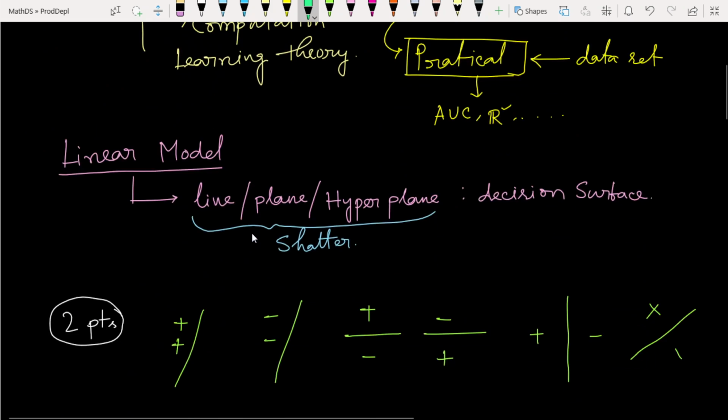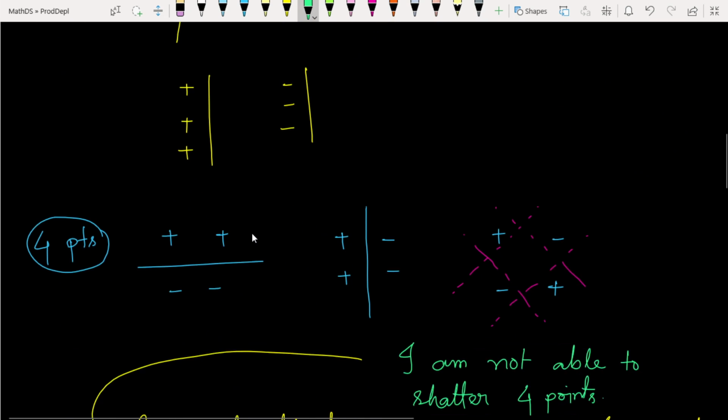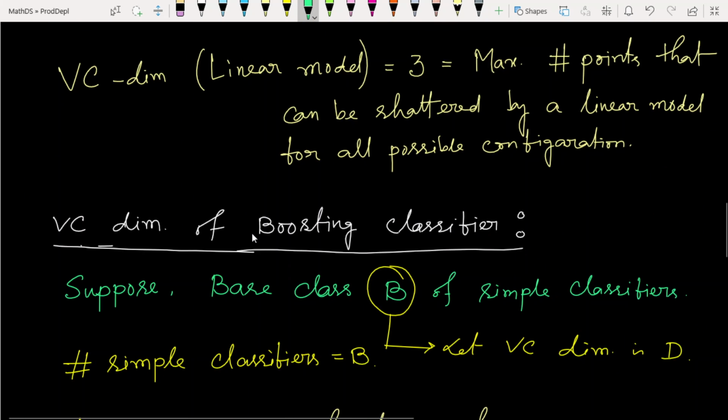So this is the simple VC dimension. This is the main primary concept of it. VC dimension is simply the maximum number of points that can be shattered by a model using all possible configurations. This is the simple geometrical concept. But behind this geometrical concept, there is lots of mathematics.